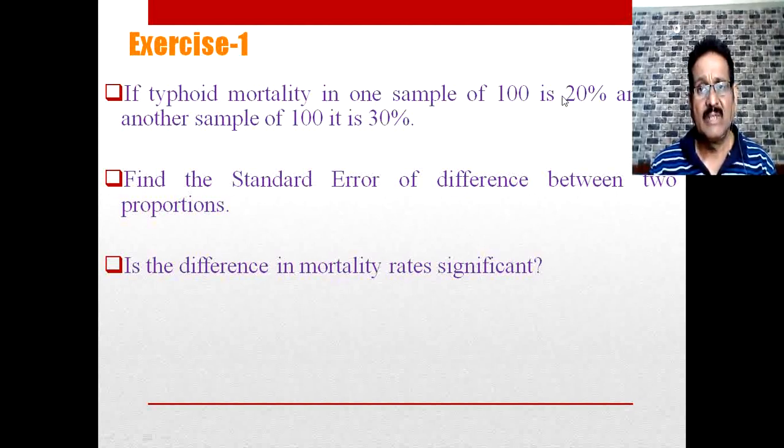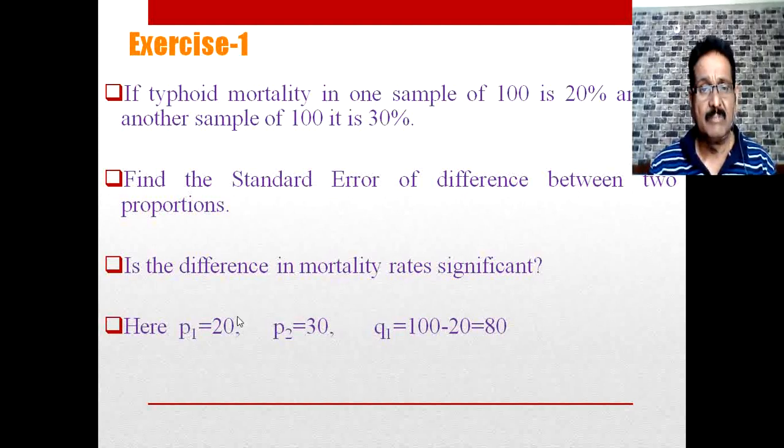So you can identify here, these are two proportions for two groups: P1 is 20%, Q1 we can identify by subtracting 20 from 100, and P2 is 30, Q2 you can identify by subtracting 30 from 100. The percentages are directly given, so there is no need to calculate them.